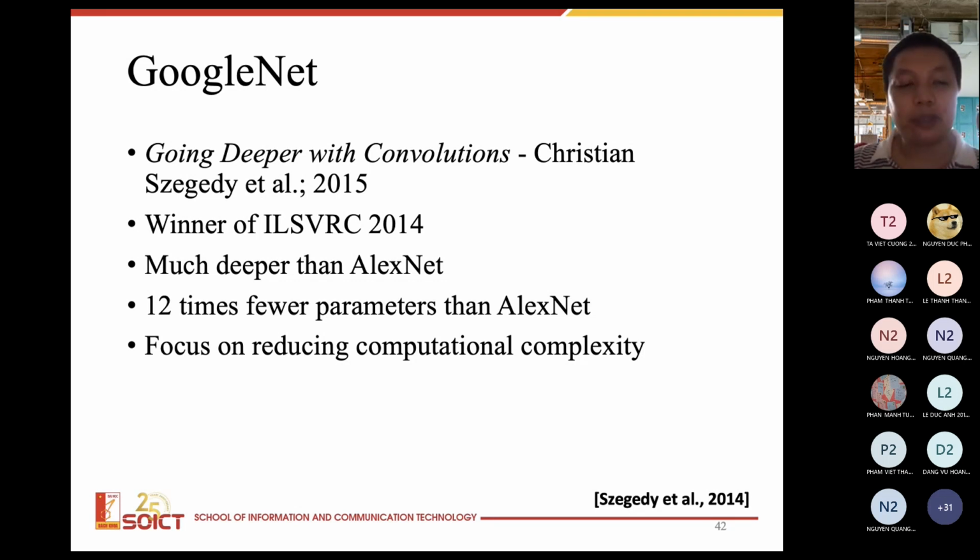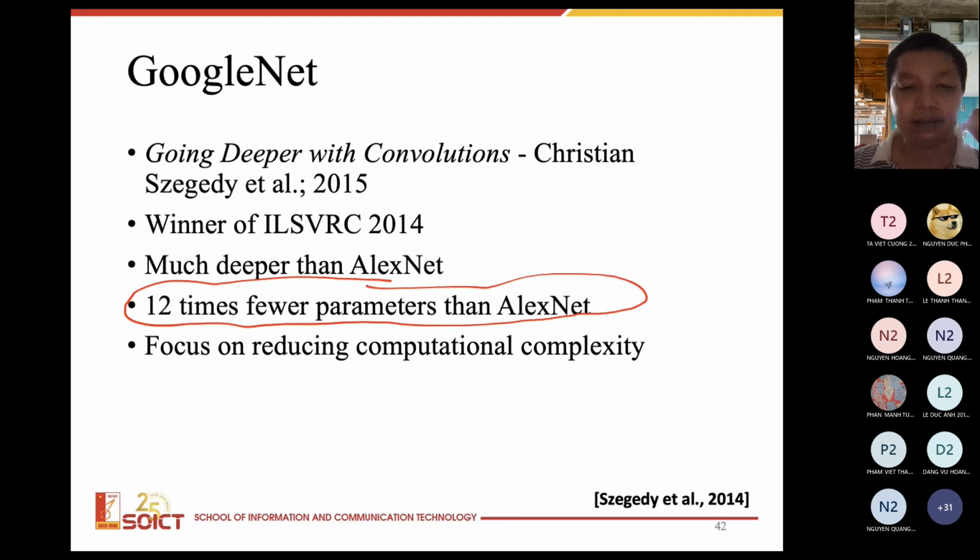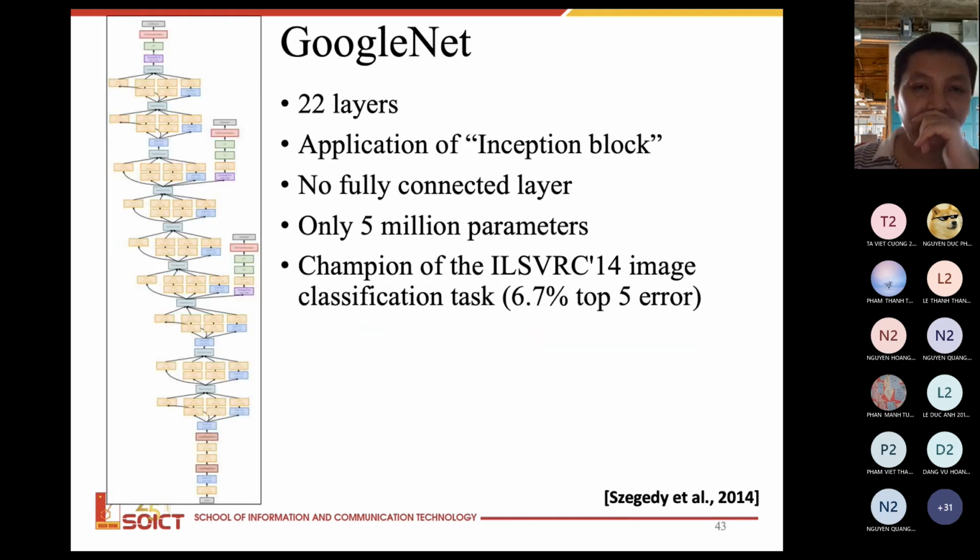Now we will discuss how we can design a GoogleNet that has fewer parameters than AlexNet, but is also deeper. Okay, this is the architecture of GoogleNet.